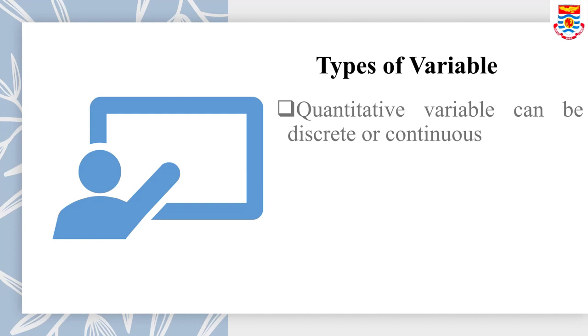So you can have 1, 2, 3, 4, 5, 6, 7, 8, 9, 10. But if it is continuous, between 1 and 2, there are other values there. You can have 1.001, 1.002, anything, and that makes it continuous.